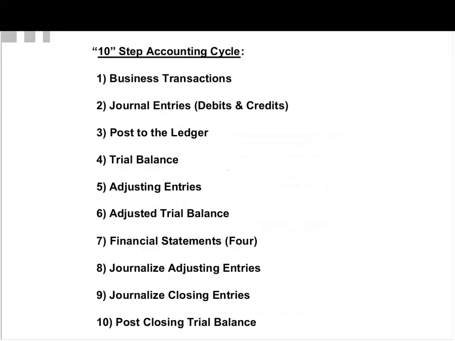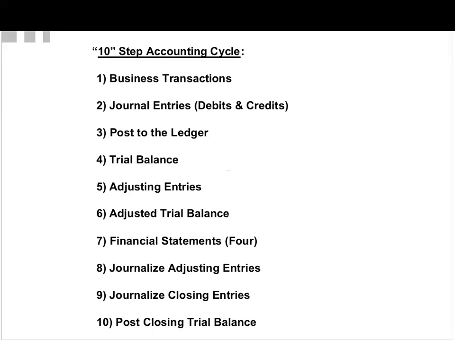Now, just briefly on the accounting cycle. We don't just obtain all four financial statements out of thin air, but there's a 10-step cycle. Business transactions, you can see all the way down to the post-closing trial balance, step 1 to step 10. I would highlight or circle step number 7.